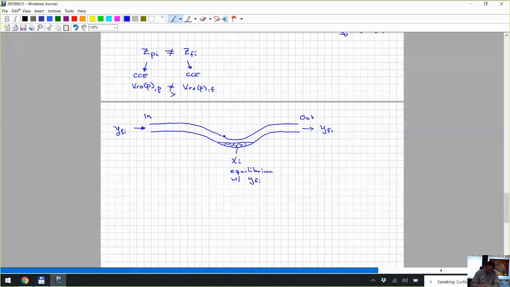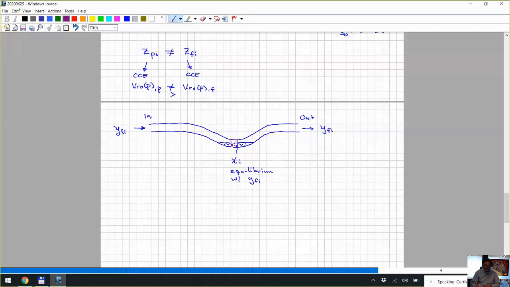And if you were to take a segment of this pipe, then you clearly see that the composition in that segment of pipe is totally different than the flowing composition.